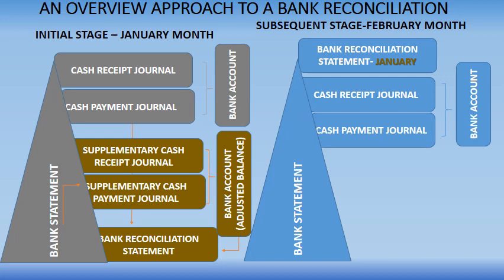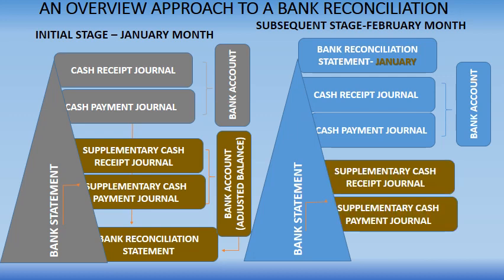With outstanding items from the bank statement, the supplementary cash journals will be prepared. The two journals will be closed off by calculating the adjusted total receipt and the total payments, which will be posted into the bank account.